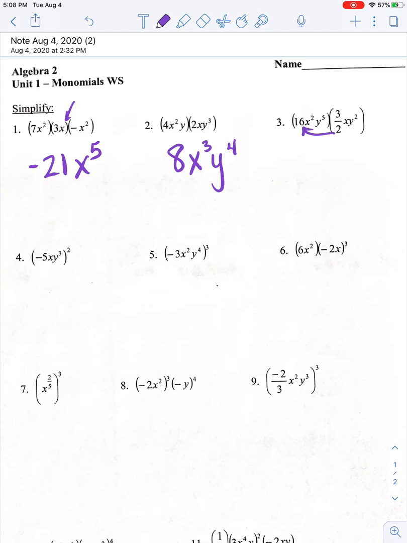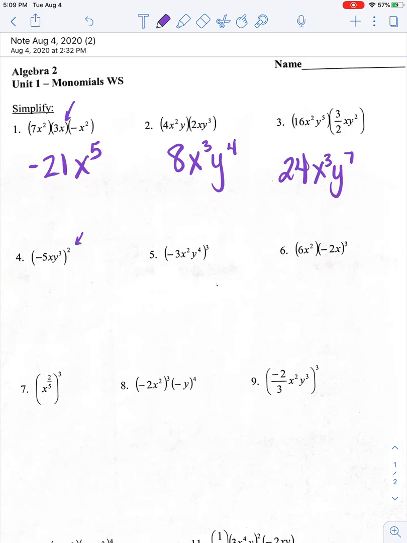For this one, I'm going to do 2 into 16 is 8, and 8 times 3 is 24. I would really prefer it if you didn't need a calculator to do that. So just take the bottom number, divide it up, and then multiply back. X to the 3rd, y to the 7th.